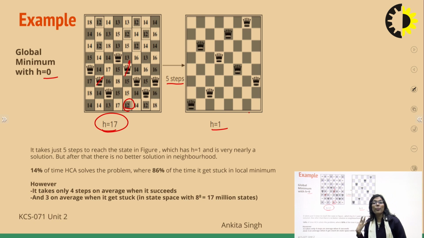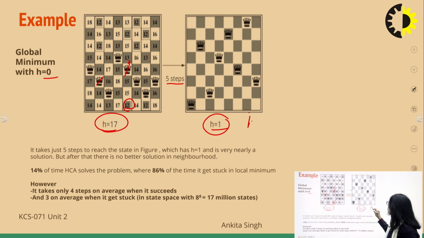Now the problem arises that after this board configuration, I cannot move any of my queens so that my heuristic value gets reduced in one step. I cannot move any of these queens in such a manner that my heuristic value gets reduced to 0. So this is your local minima.